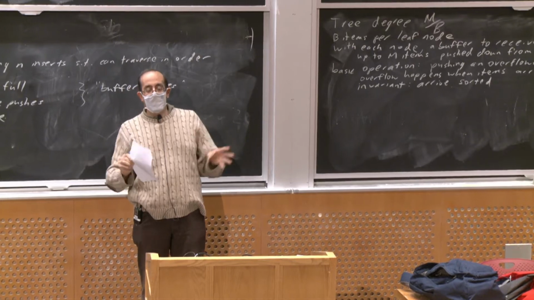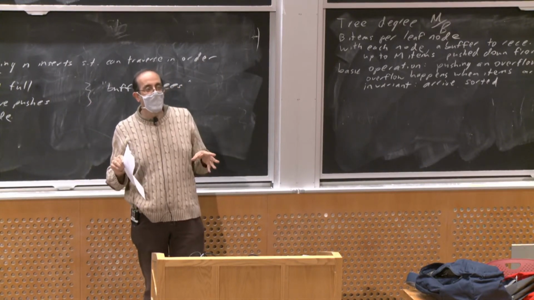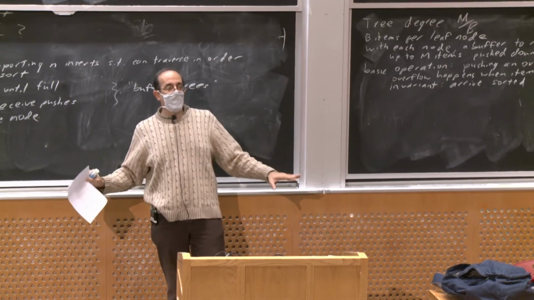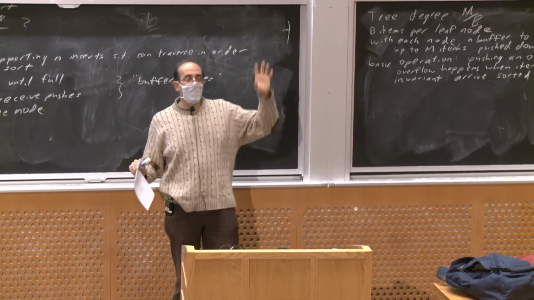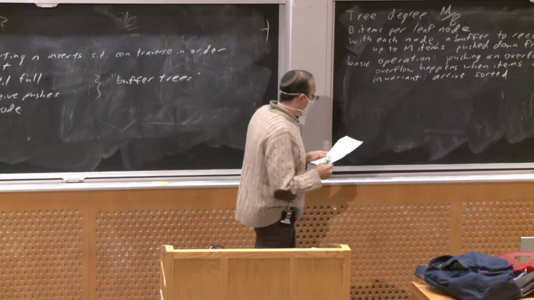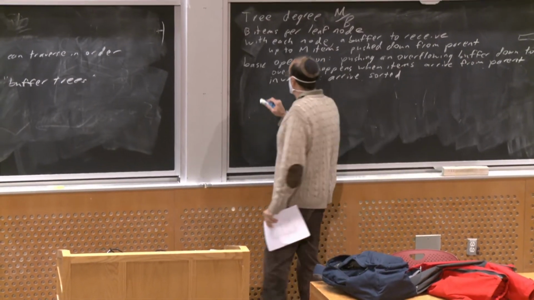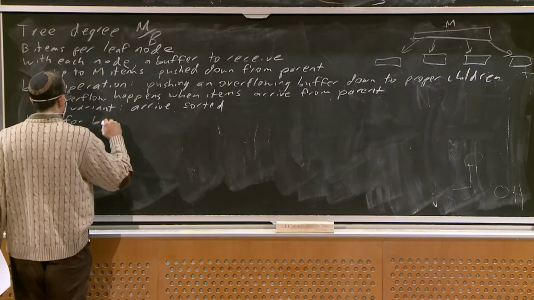But at a certain point, it's going to get a rain of so many items that its buffer fills, and at that point, it's going to dump everything that it has in its buffer down to its children. But I'm going to rely on the fact that the items arrive from the parent sorted, because now I can think about the time for this basic operation.